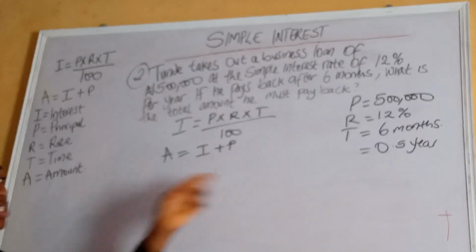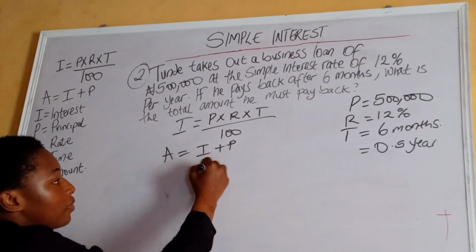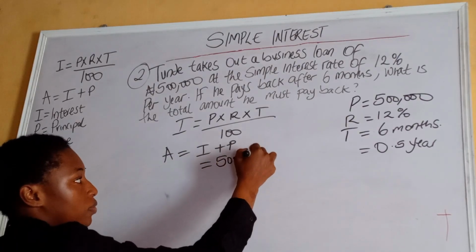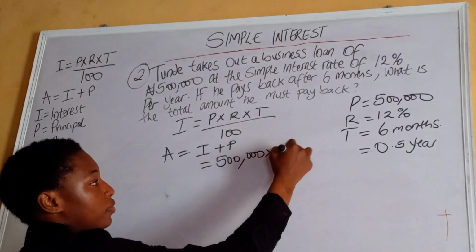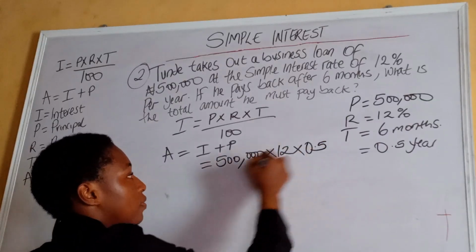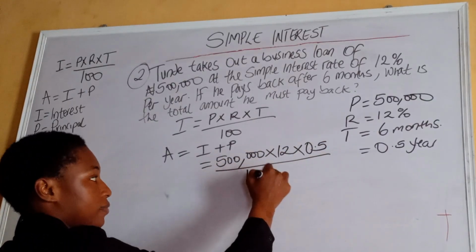Now let's input all this into the formula. So we have our P, 500,000, times our rate, which is 12, times our time, which is 0.5, all over 100.